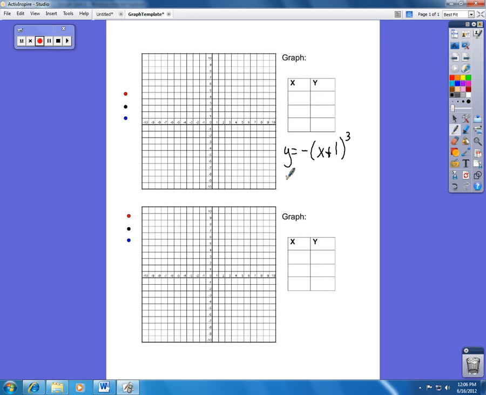So there's going to be a reflection across x. And then the other thing that we're going to do, so there's a shift in here. Now we just have to determine whether it's a horizontal or a vertical shift.